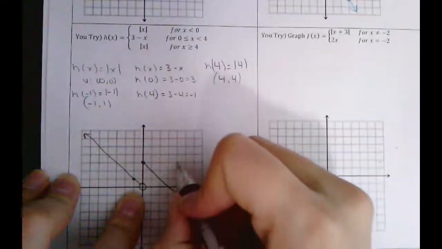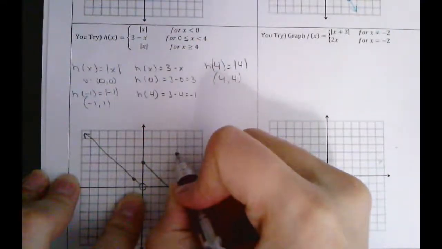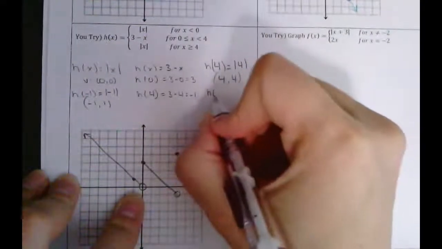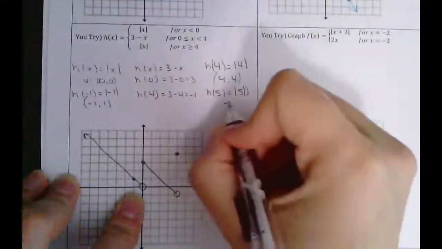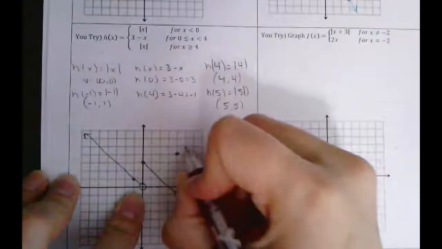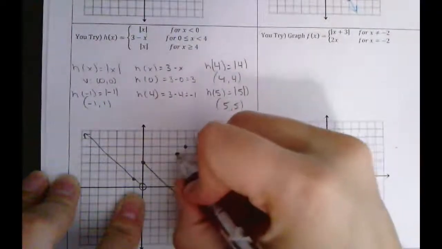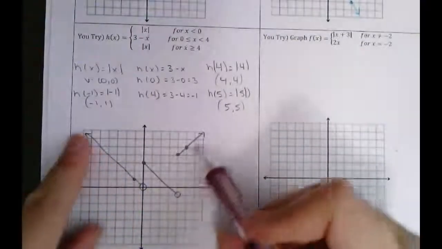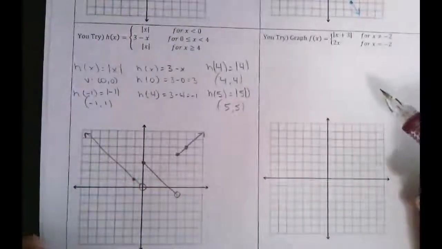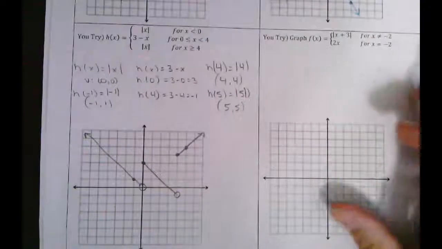So right up here. And then you can plug in 5. Oops. To get 5, 5, which is right here. So that's the tail end. So in theory, if we connect these, it makes the V. Okay, next you try.